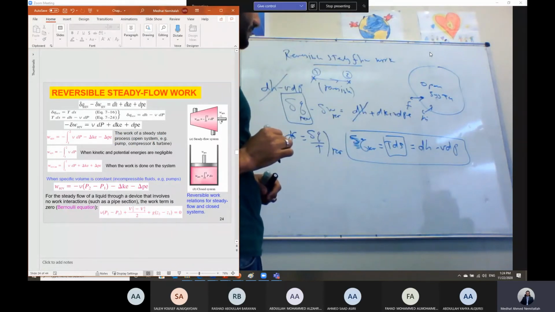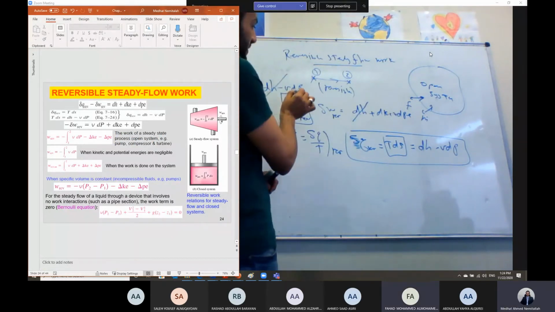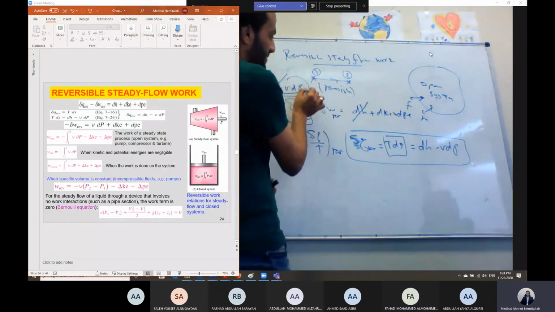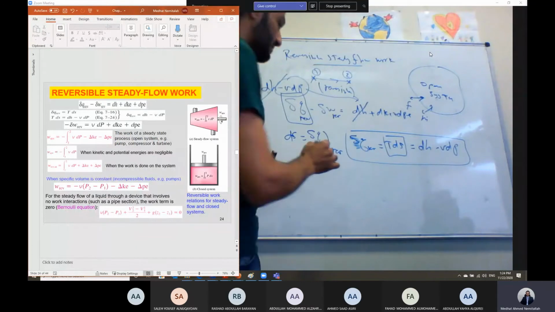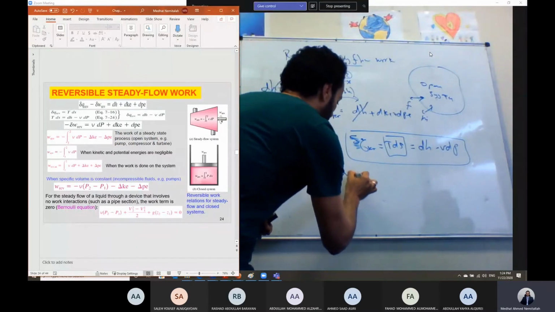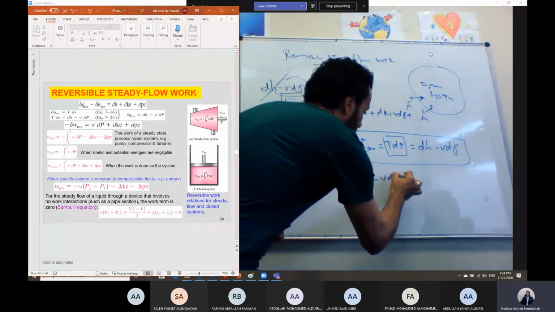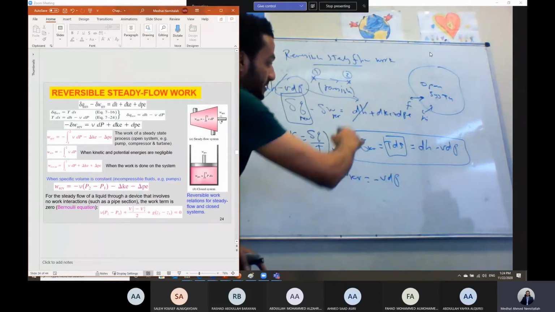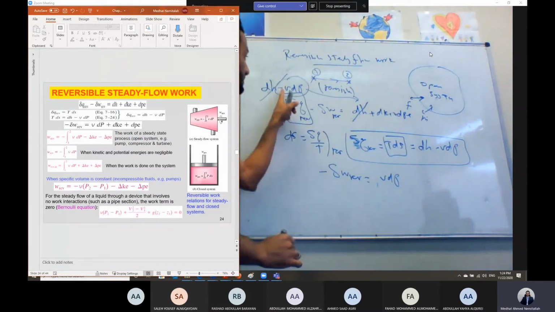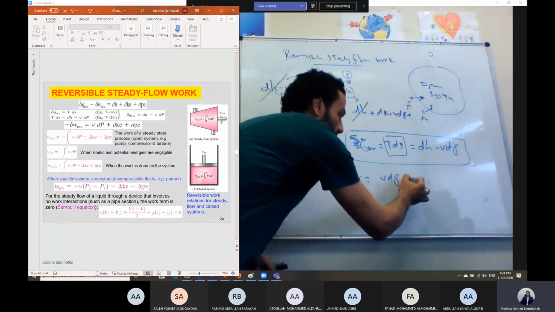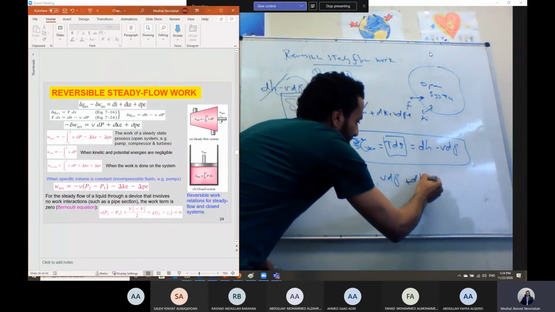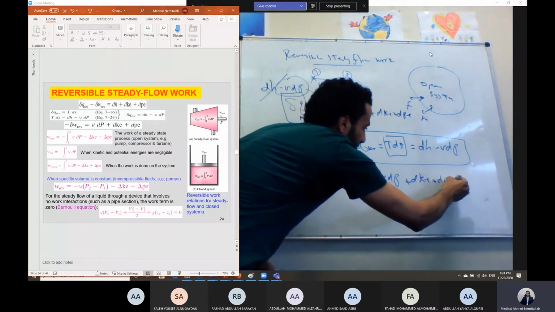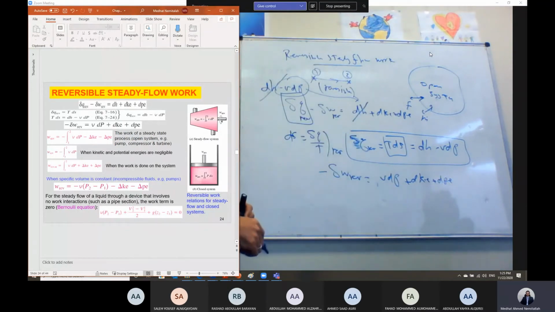Then we can take this term, the negative sign, to the other side with a positive sign. Then we can say minus delta work reversible will equal minus v dP, plus the change in kinetic energy, plus the change in potential energy.